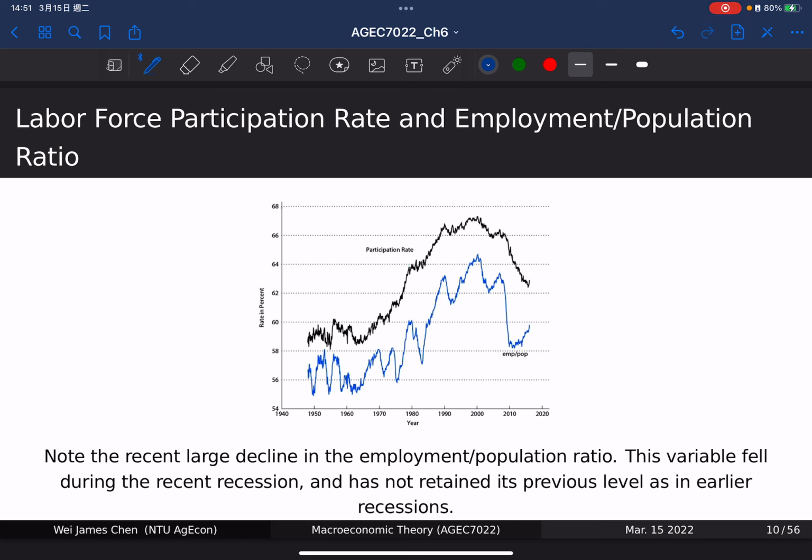It's not that they were not trying to find a job, but they're simply not employed anymore. So they really lost that job. And even after the recession, it didn't really come back to the previous level. That's the main cause of this drop in the participation ratio.